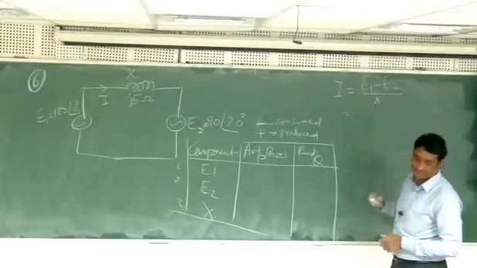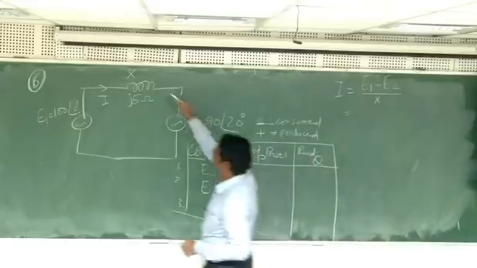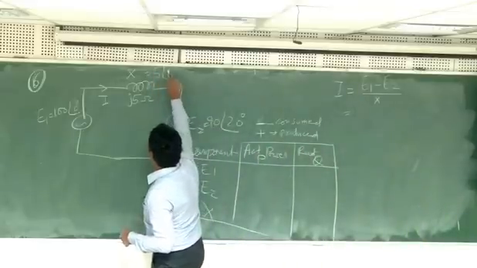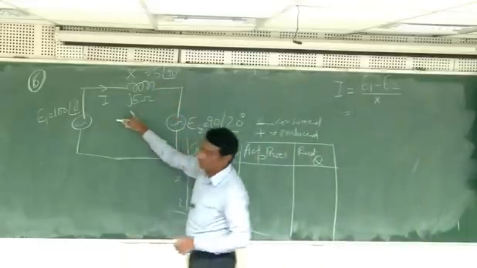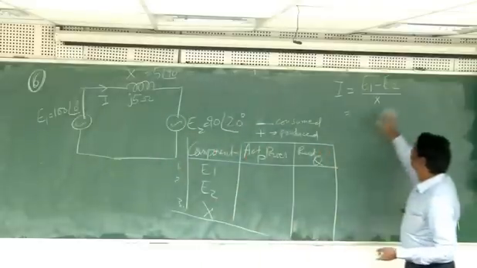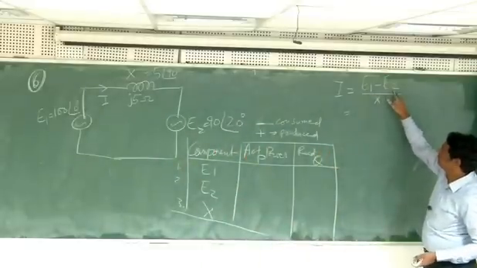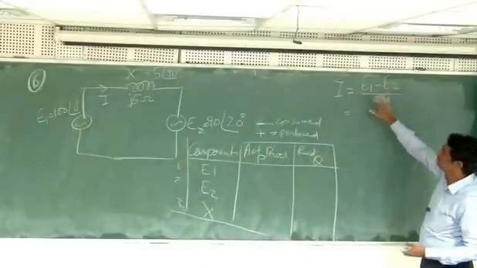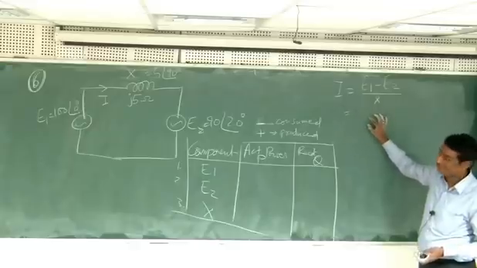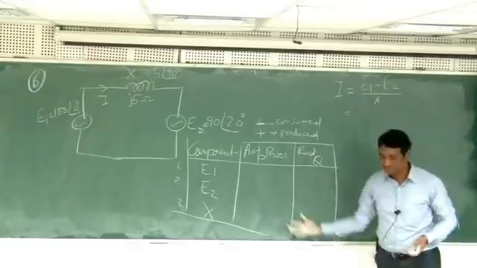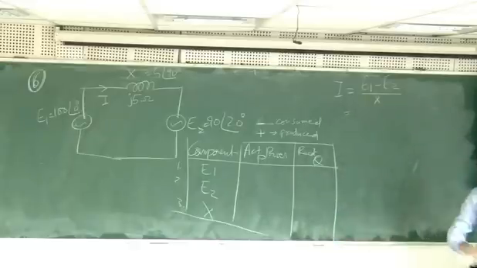X I can write as 5 angle 90 degrees because j is 90 degrees. Now complex number minus complex number divided by another complex number, finally you will get I as a complex number. Then you try to do this. Since the time is up, we'll try to work on it later.